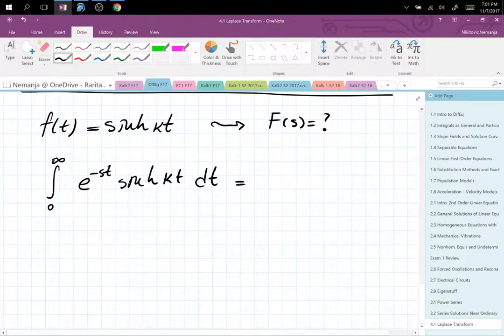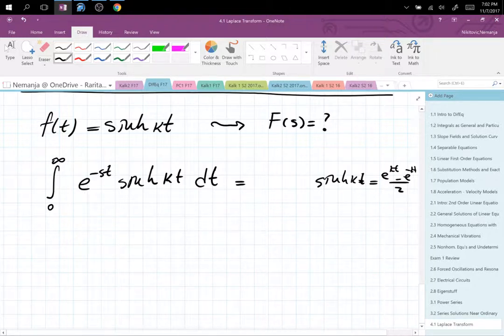Now everyone is always excited about sine hyperbolic because that's one of the functions you don't see till Calc 2. But for me, that's the easy way out, because sine hyperbolic is e to the kt minus e to the minus kt over 2.